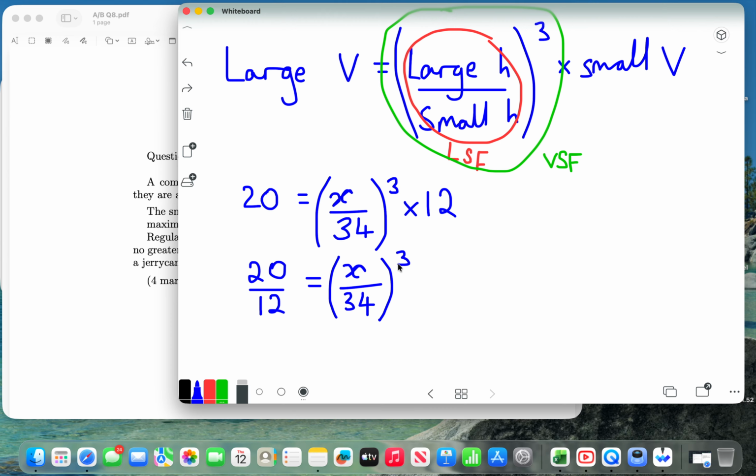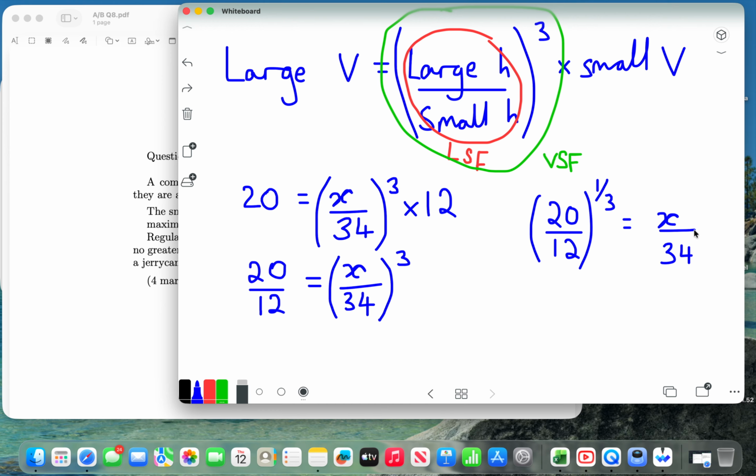So if we take the cube root of both sides, we get x over 34 on the right hand side. And we take the cube root of 20 over 12. And x divided by 34.